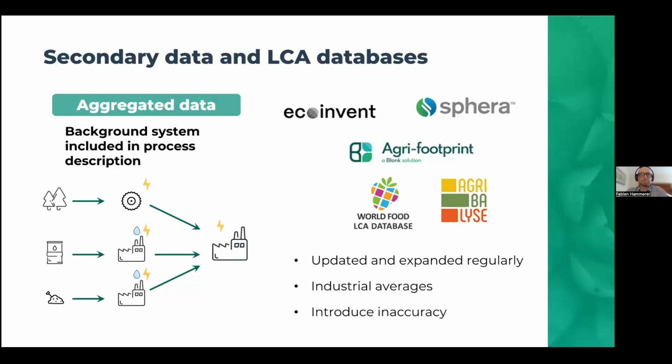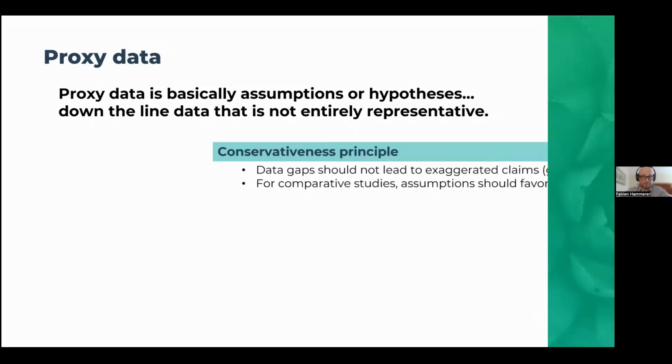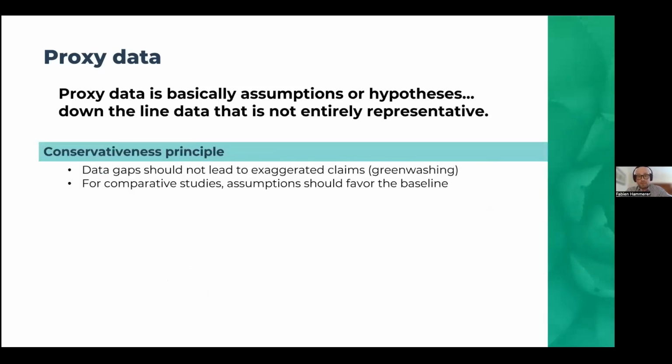And now talking about proxy data, as I said, proxy data are basically an assumption or a hypothesis, but down the line is data that is not entirely representative or for which you know for certain that it deviates from the actual system. So when using proxy data, there are two things you should keep in mind at all times.